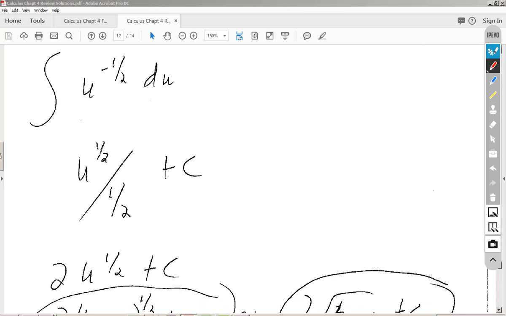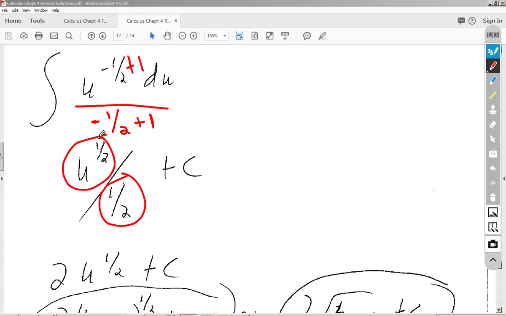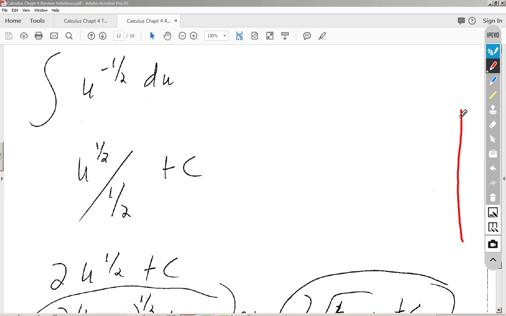So remember your rules for integration. You take negative 1/2, you add 1 to it, and that's all over negative 1/2 plus 1. So adding those together, negative 1/2 plus 1 is going to be 1/2, and then I've got u to the 1/2. So I flip that bottom, and I get 2u to the 1/2.